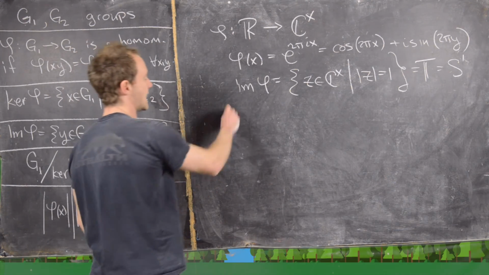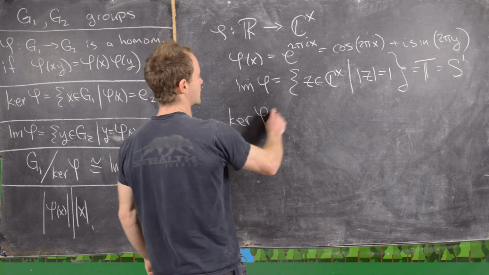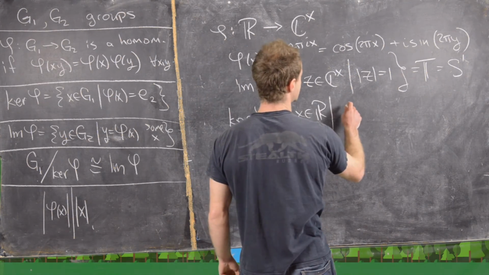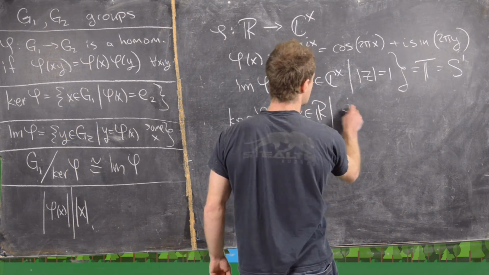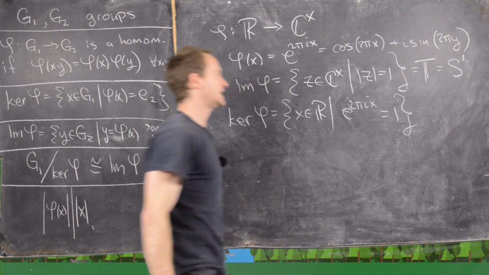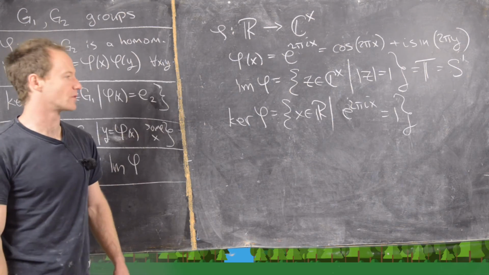Okay, great. Now let's look at the kernel. So the kernel of phi is going to be all real numbers x such that e to the 2 pi i x equals the identity on the right hand side, which is the number 1.